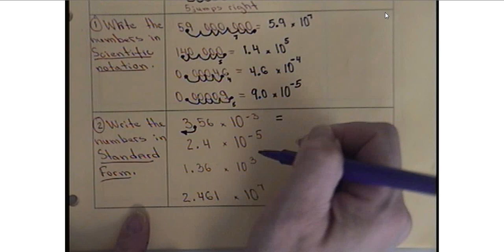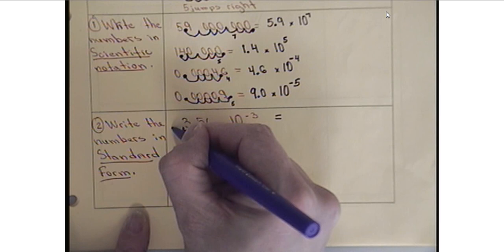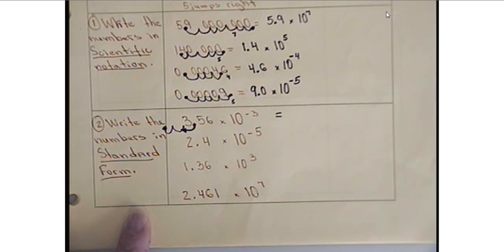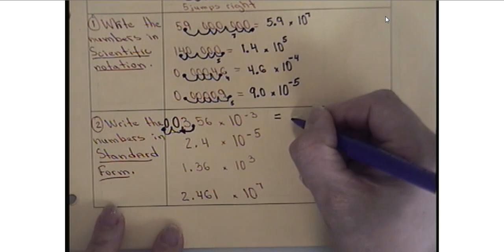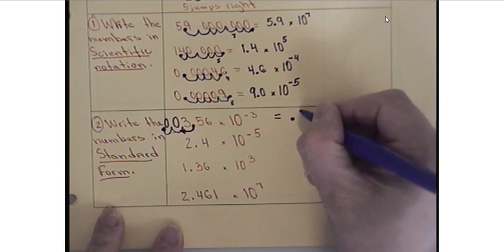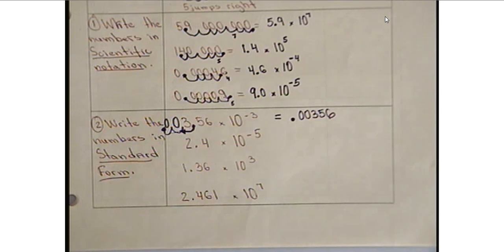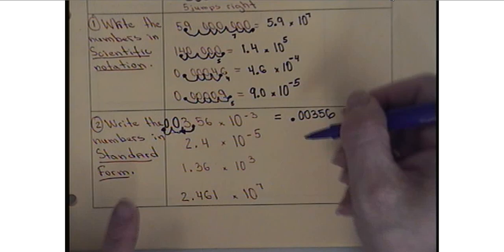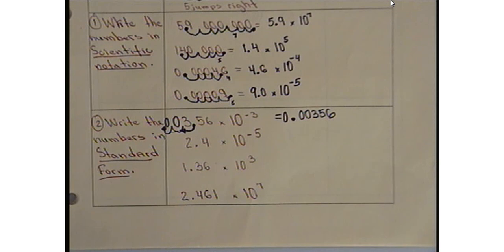Okay, so we need to move 3 steps. 1, 2, and 3. Okay, so when you move 3 steps, we have 2 empty spots here that we're going to fill out with zeros. So my standard form now will be 0.00356. That's the answer. And of course, in front of the decimal point, you have 0.